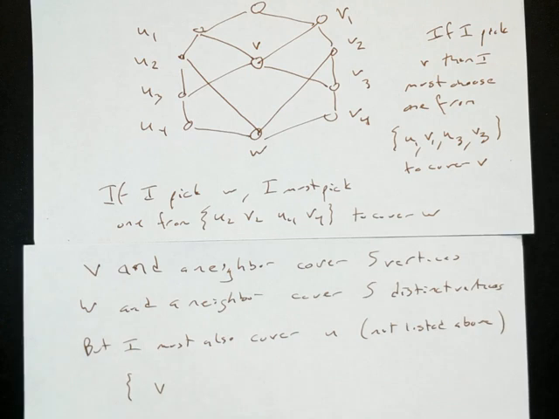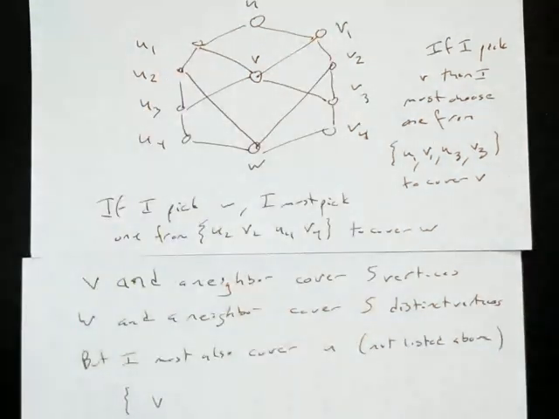I can use either U1 or V1 to ensure that I cover U up there at the top. Somebody flip a coin, tell me which one we're using. Say again? V1.